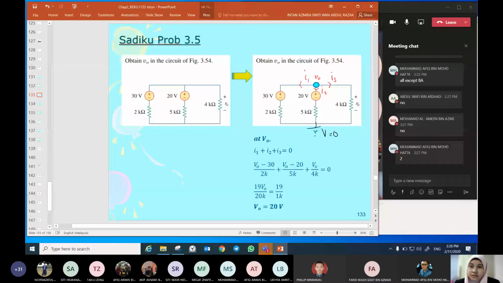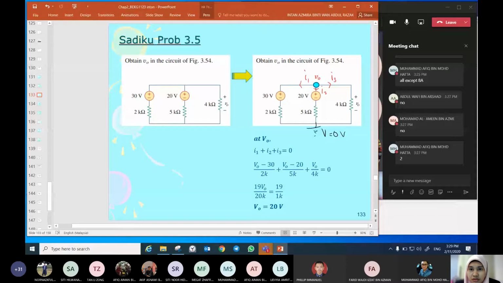But since we know that V here is equal to 0 volt, we no need to find it again, right? So now we just have only one node here. Let's name it as V naught, because it's the same as the notation here.